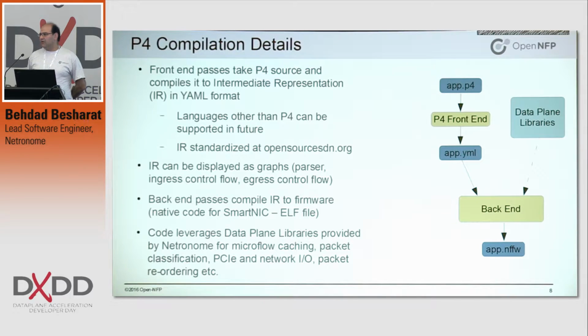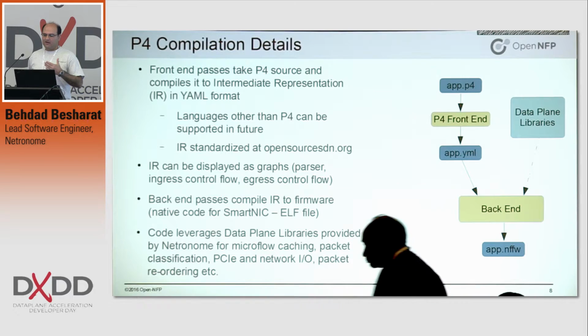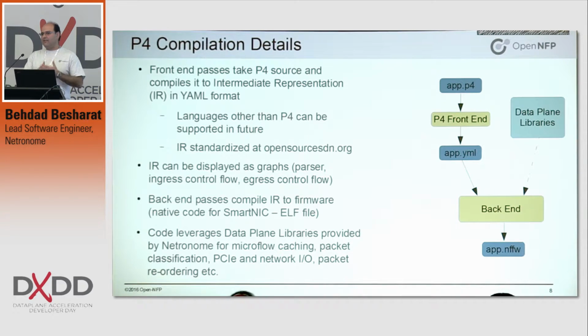It's based on YAML format, and that will later be fed to the back end. The back end optionally takes the data plane libraries that come with Program Studio to generate the NFFW file, or the ELF-based file, to be loaded to the SmartNIC. So the back end is basically what the P4 file becomes at the end when it goes to the SmartNIC. It's the architecture-dependent portion of the P4 compiler.